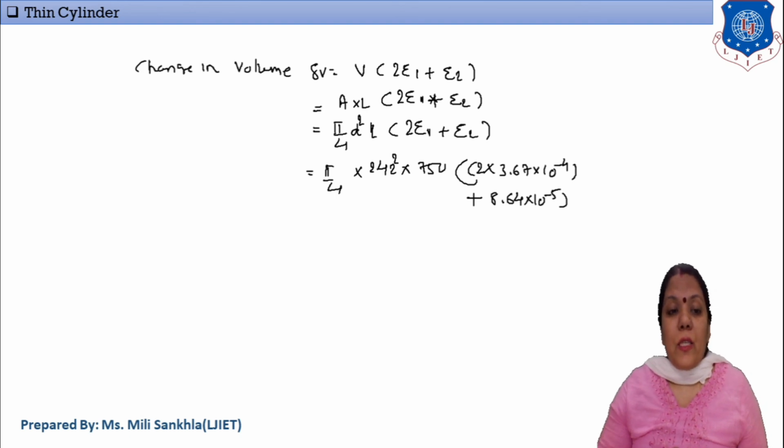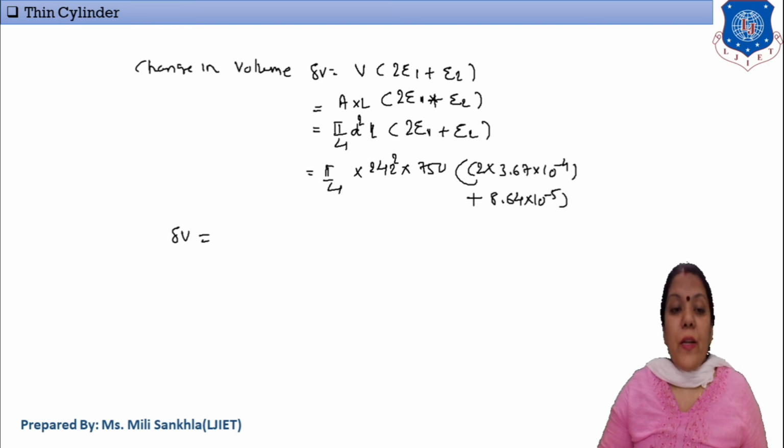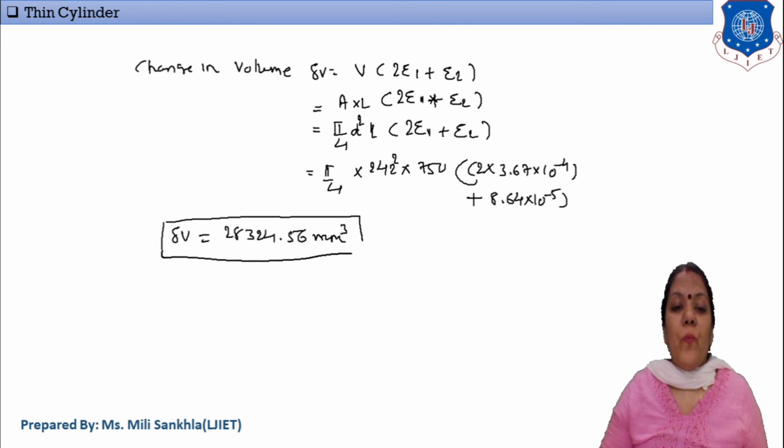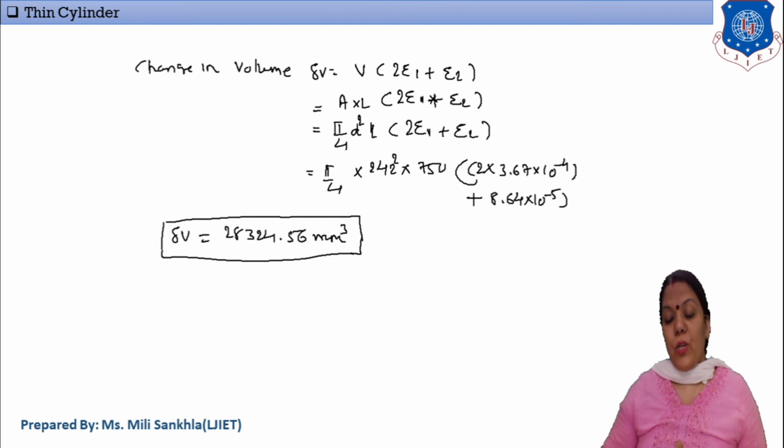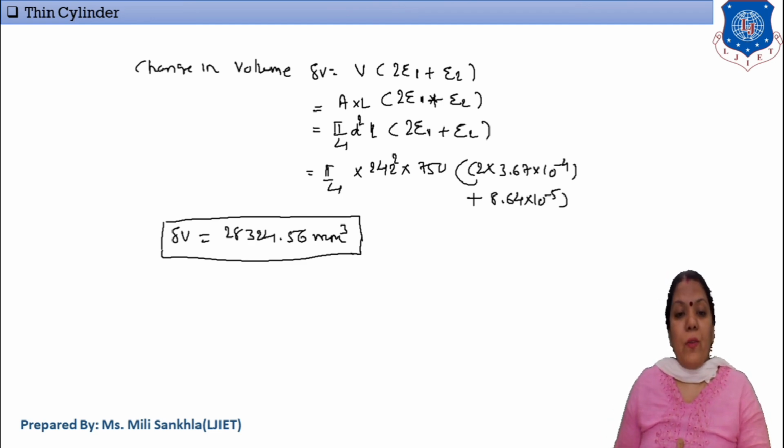After solving this, we find the change in volume is 28,324.56 mm cube. This is our third change in dimension, the change in volume. In this data we found three values: change in diameter, change in length and change in volume. Now in the next example we solve another example.